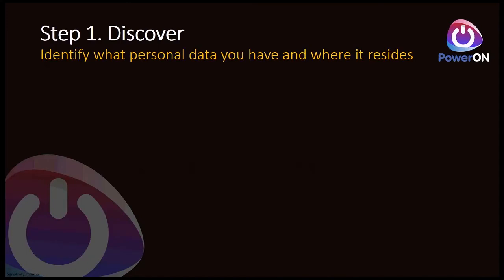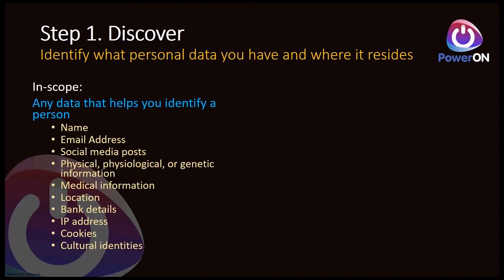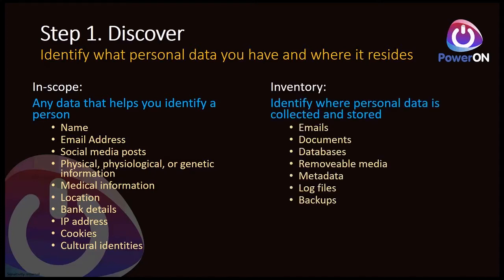The first step is understanding what data you have. So you might already be doing these things in general, such as identifying what information is being stored about the customer. So this could be sensitive. So it could be email, their ethnicity, biological information like genetics, for example, medical information, bank information such as credit card details, account details, etc. And also identifying where it is being stored and located in your environment.